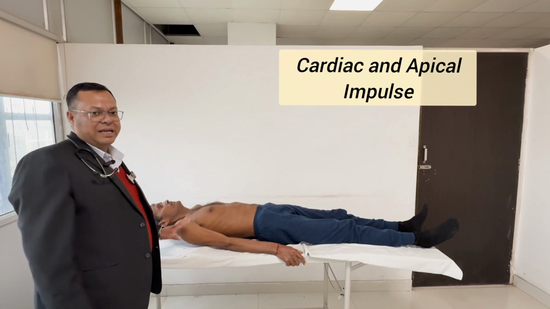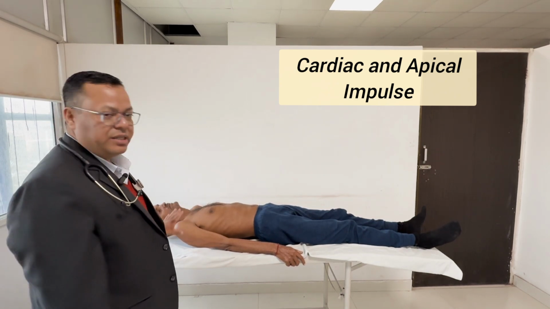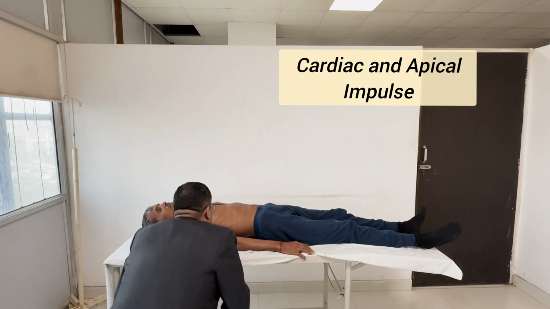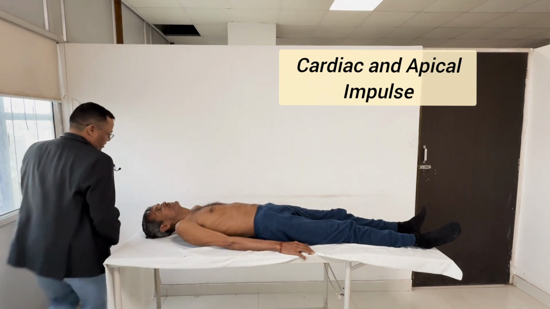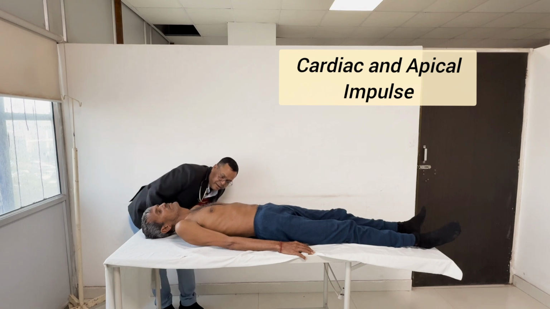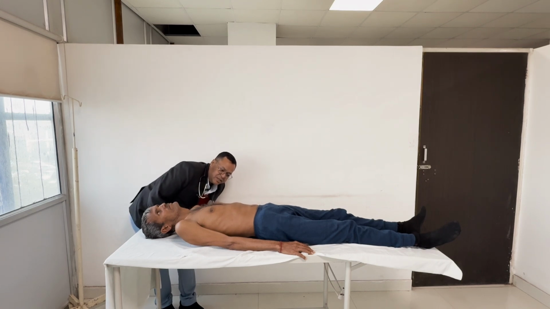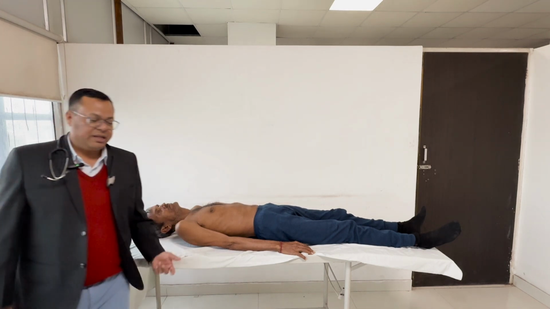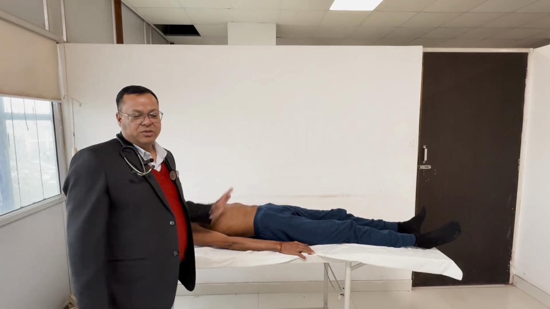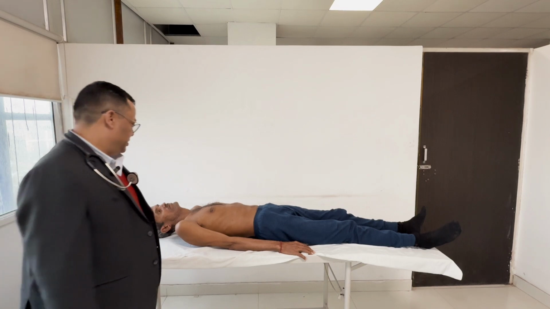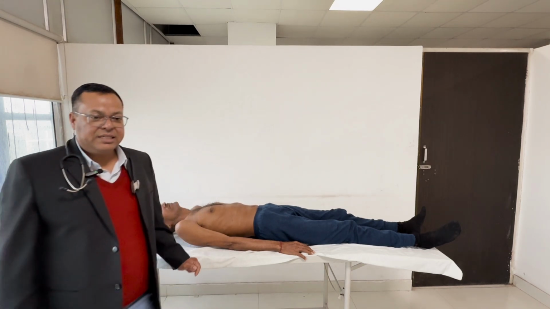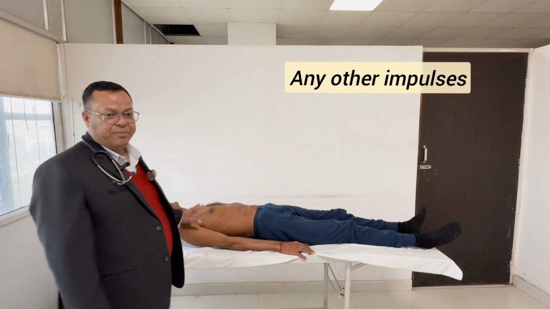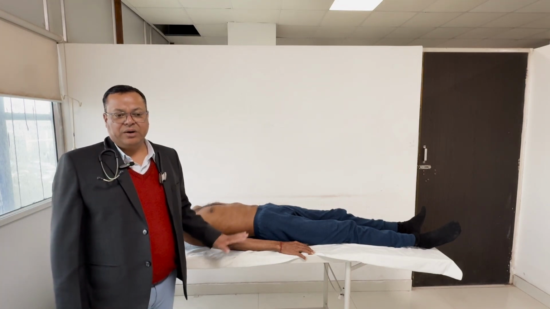Ideally the patient should be lying down, and you have to look tangentially, at the level of the patient, to see the apex impulse. It is not routinely seen in obese patients or if there is some other abnormality. In this patient I am also not able to see the apical impulse. The next is any other impulses other than the apical impulse. This completes your inspection of the precordium.